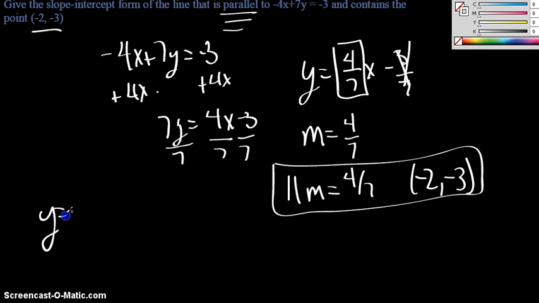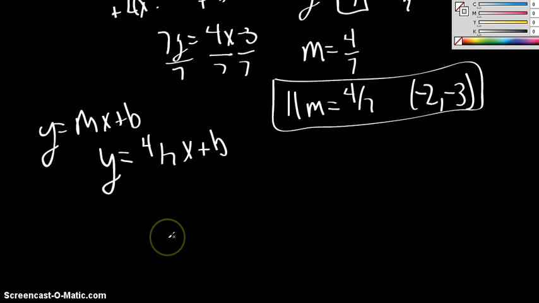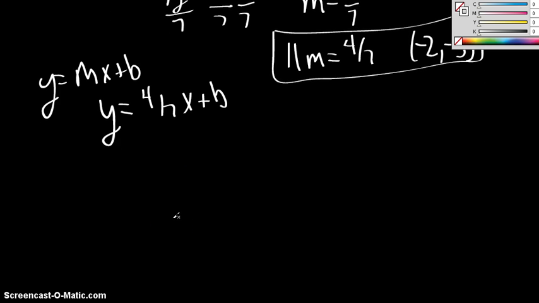So I have y equals mx plus b. And in our problem again, we're given y equals, our m is 4/7 x plus b. And we don't know a b again. So we're going to go back through this and find our b.